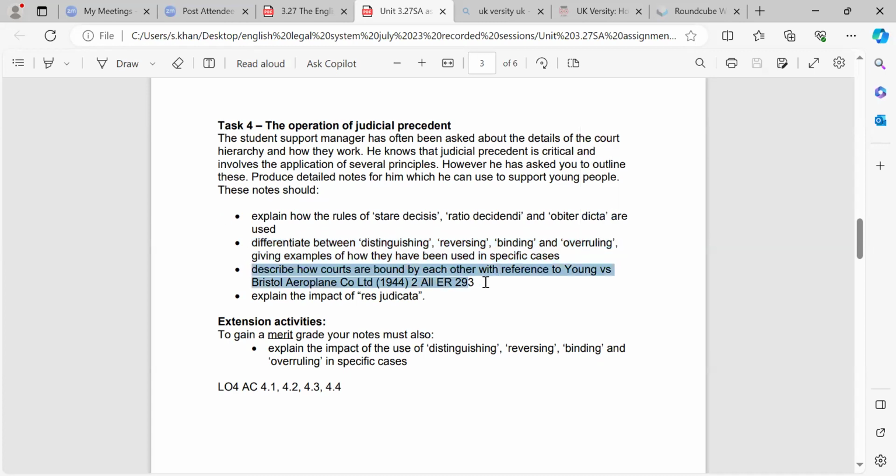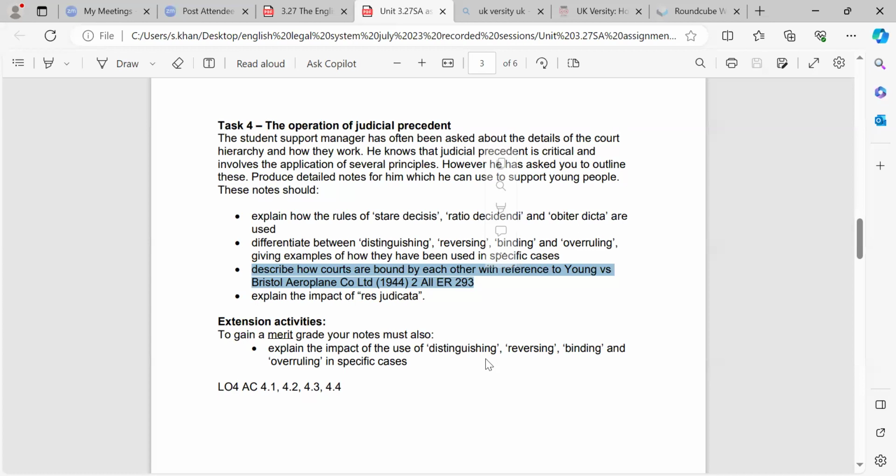Thirdly, you need to describe how courts are bound by each other, with reference to the case of Young v Bristol Aeroplane Company Limited, 1944, 2 All ER 293. Look at that case and describe how the courts are bound by each other, using the case to support you.